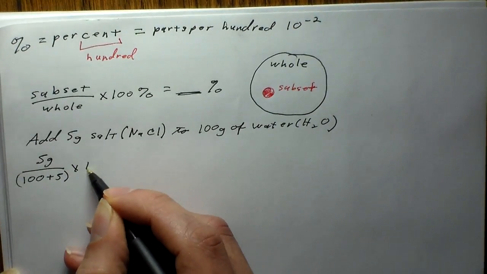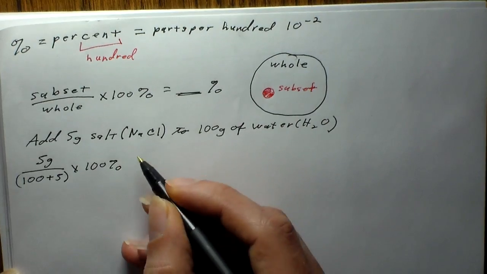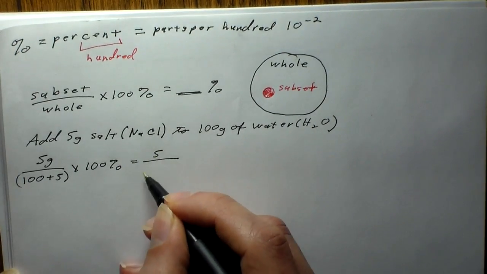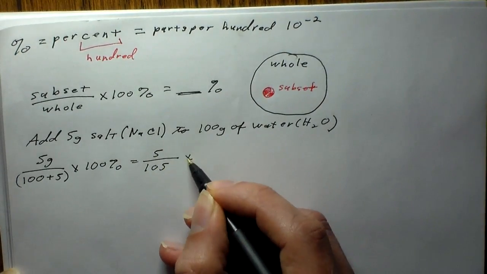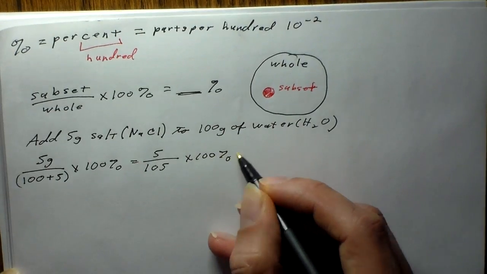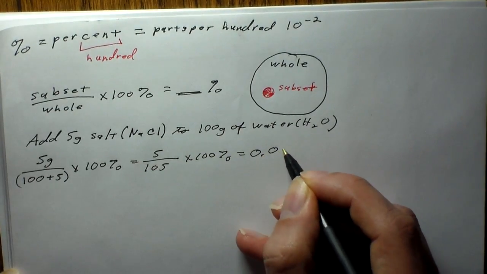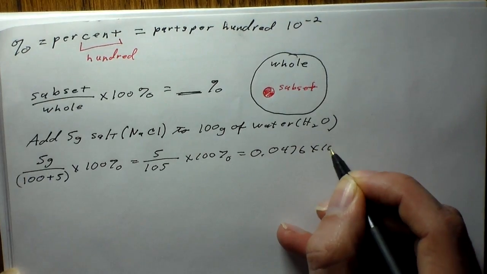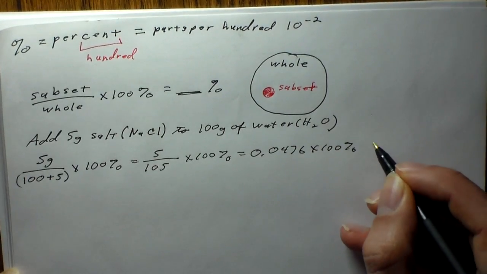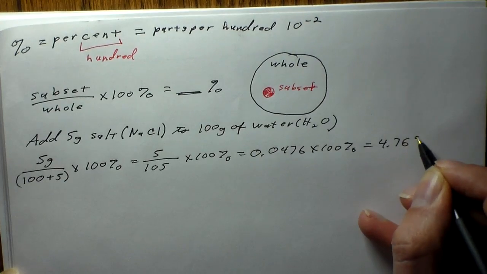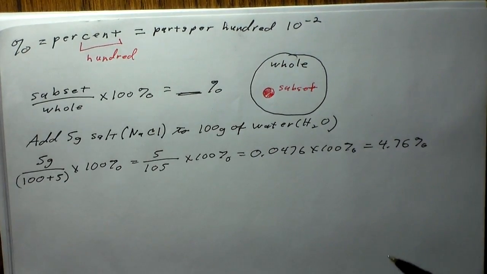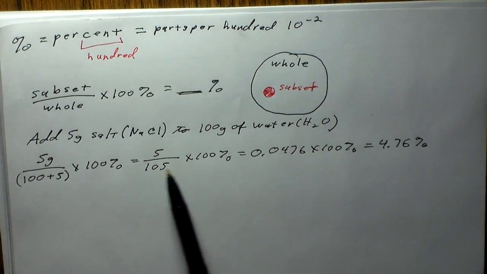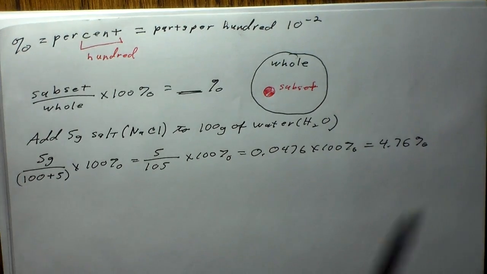And then you multiply that by 100%. So that's just obviously going to be 5 divided by 105 times the 100%, which is going to be 0.0476 times 100%, which is 4.76%.